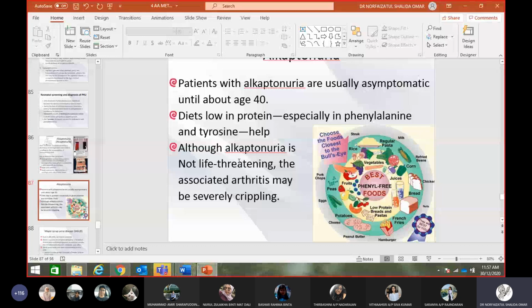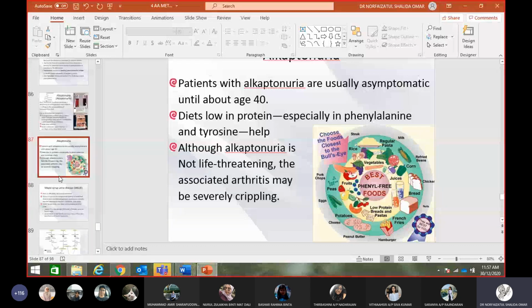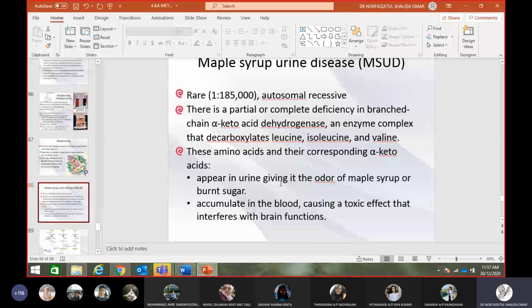Okay, so that's alkaptonuria. Same with MSUD, as the name implies, the main sign is the odor of maple syrup or burnt sugar in the patient. This is due to partial or complete deficiency in the branched-chain alpha-keto acid dehydrogenase.